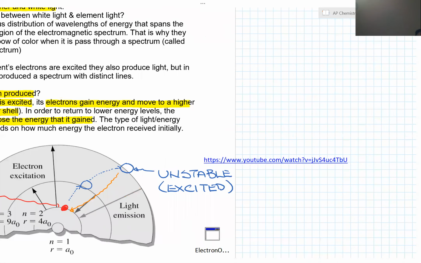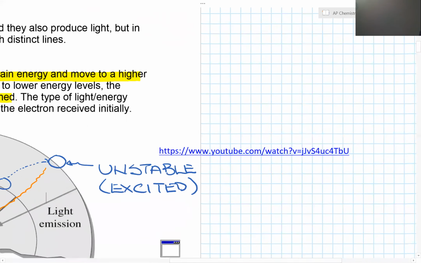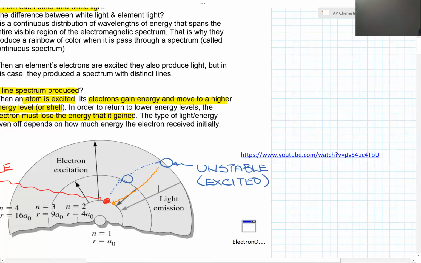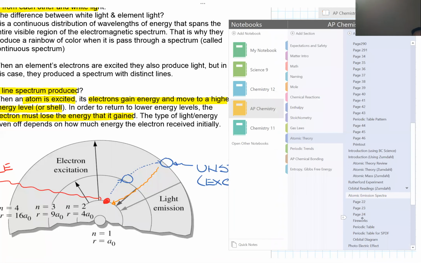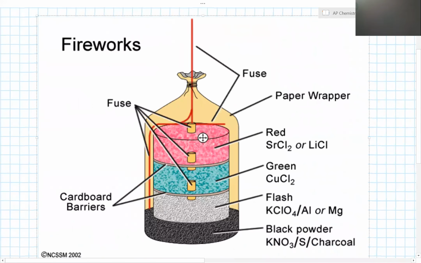Now, what you can do is take a look at this YouTube video, and that will show you what I was talking about. Now, why do we use this? It's basically the idea of how fireworks are produced, depending on what type of chemical they are mixed with.